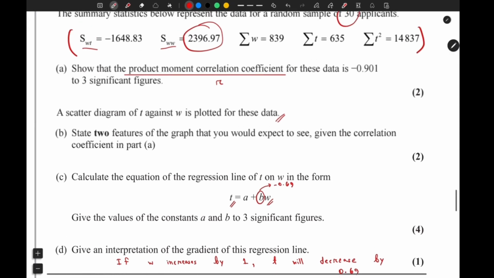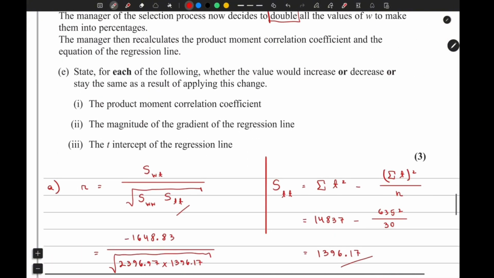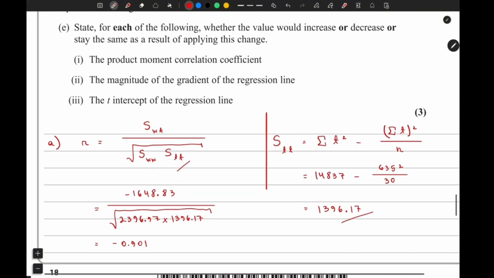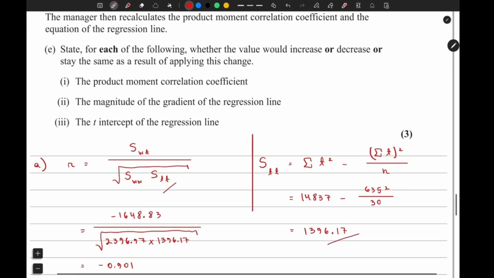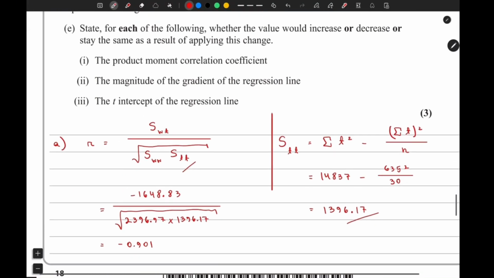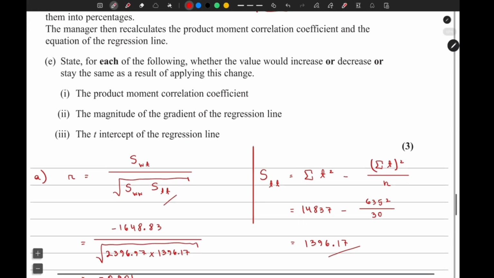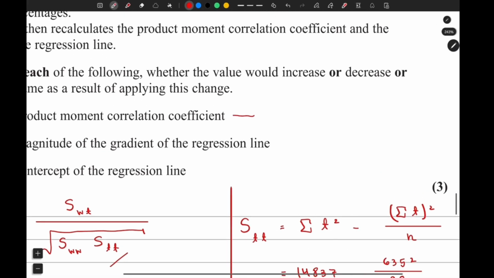If we double all the values of W, what will happen to the PMCC? Since W is in a ratio format, the PMCC, the product moment correlation coefficient, will stay the same.